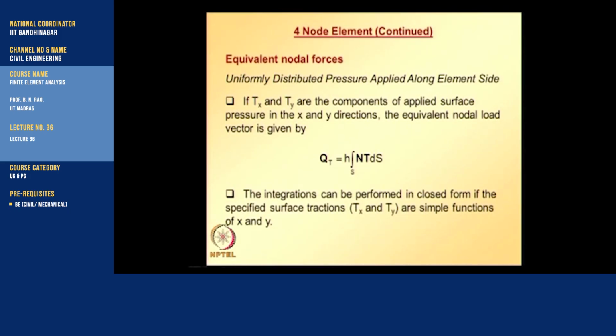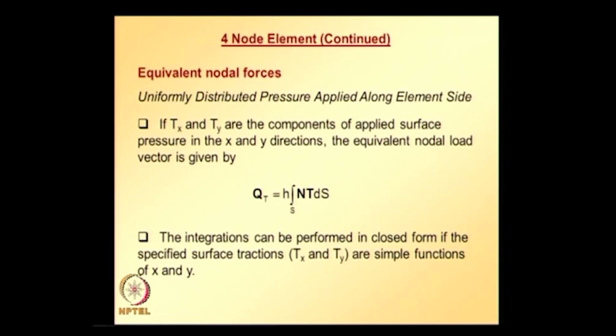Integrations can be performed in closed form if the specified surface tractions Tx, Ty are simple functions of x and y. This also we discussed in the last class. If Tx, Ty are simple functions, we can perform integrations in closed form, but if Tx, Ty are complicated functions, then we need to adopt numerical integration.